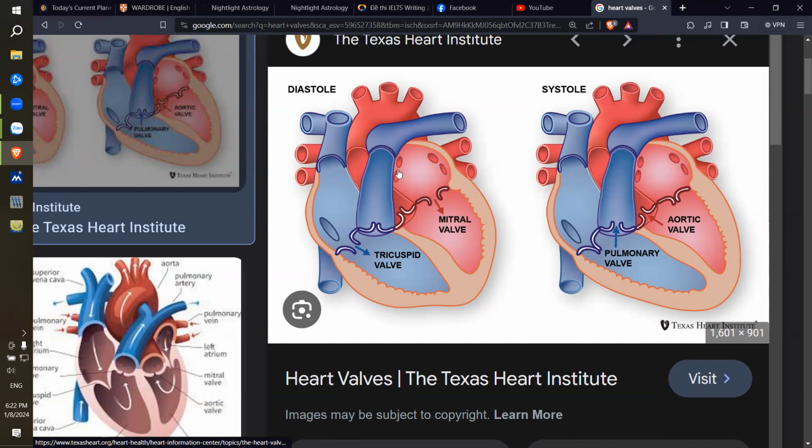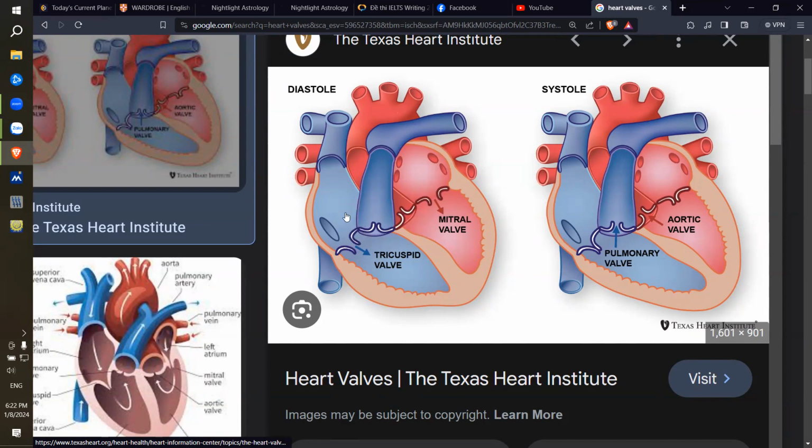And of course, the blood from the left atrium will go to the left ventricle. And of course, these valves have to be open: the tricuspid and mitral valves. And the aortic and pulmonary valves, both called semilunar valves, have to be closed.